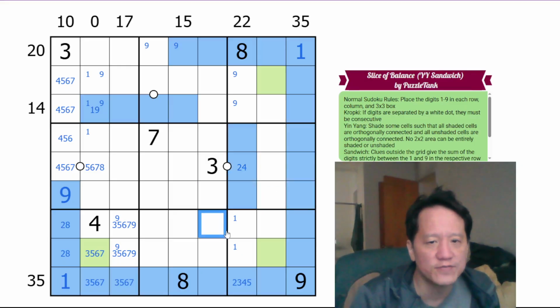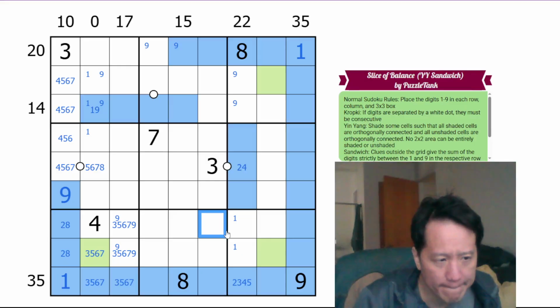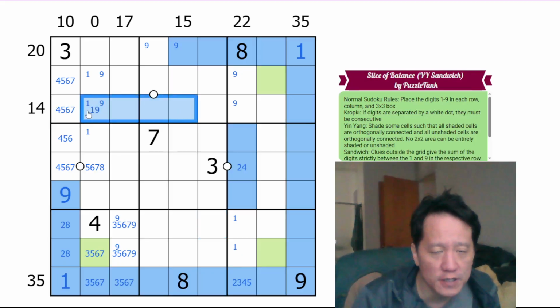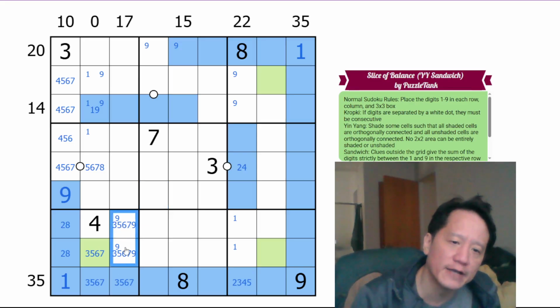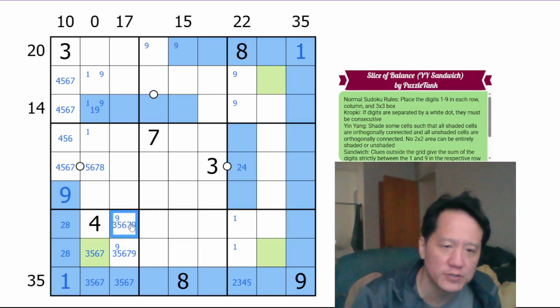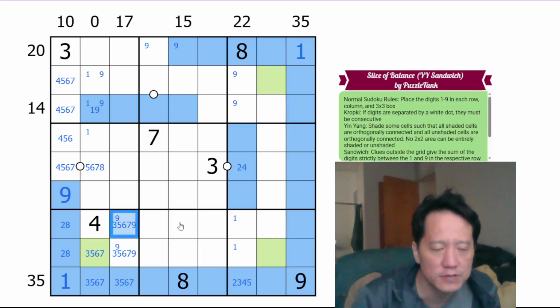So that's not helpful right now. Okay, this is 14 again. So we know that this is shaded. One of these is 9. So this is guaranteed to be shaded.